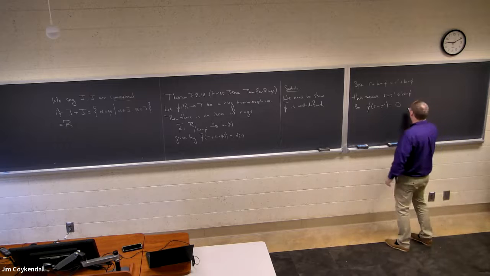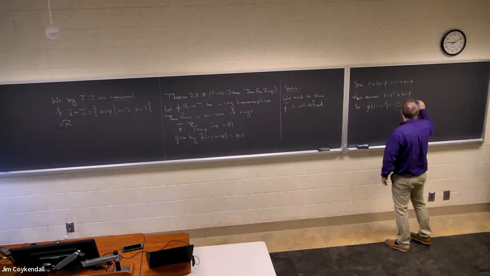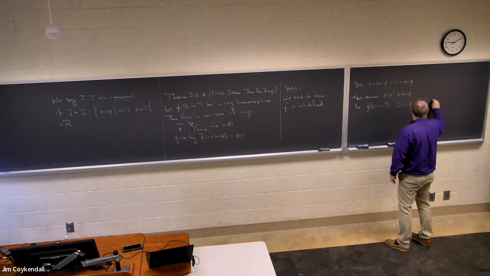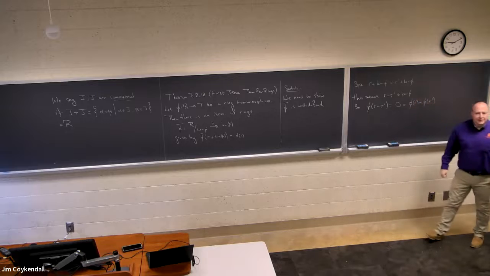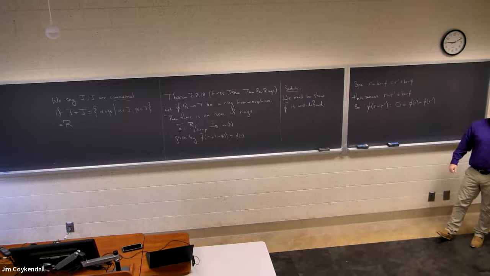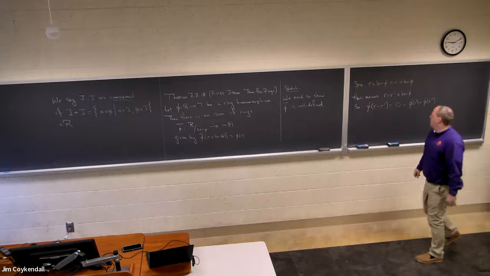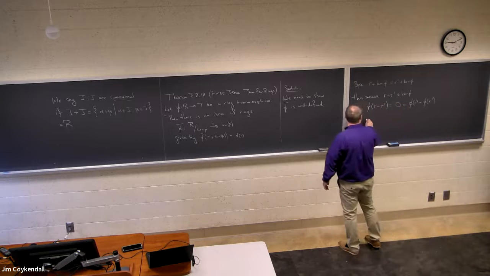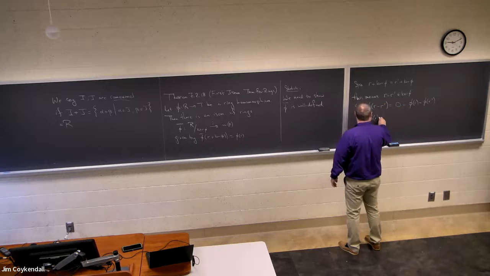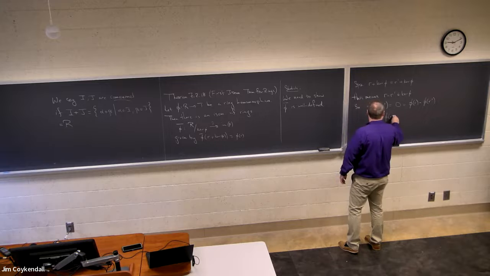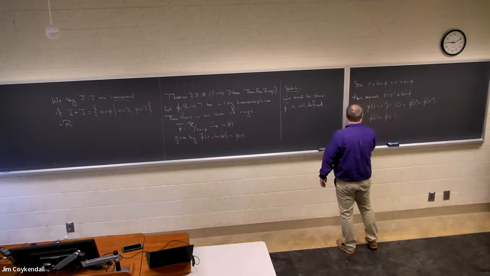But nothing up my sleeve, this is phi of r minus phi of r prime. There's the homomorphism. And so this means phi of r is phi of r prime.